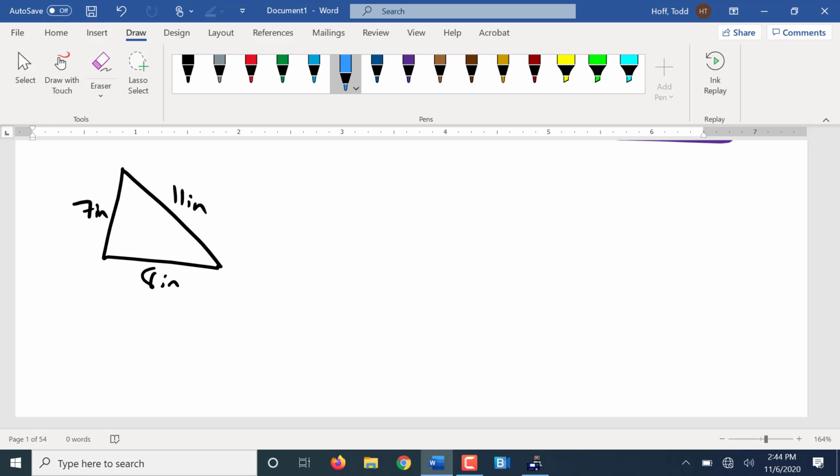Since we don't have any right angles here, we have to use Heron's formula. So you have to find the perimeter. So we add those all up. What do we get for the perimeter? 26 inches. Okay, what's next? Divide by 2 gives the semi-perimeter, which will be 13.